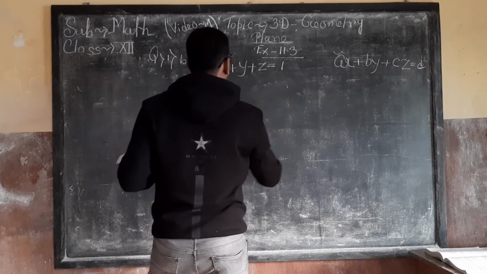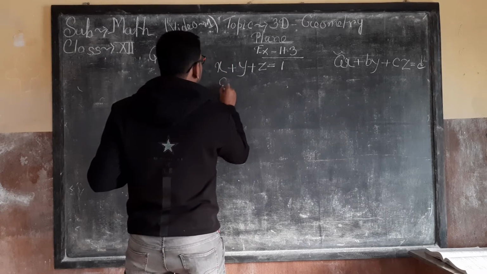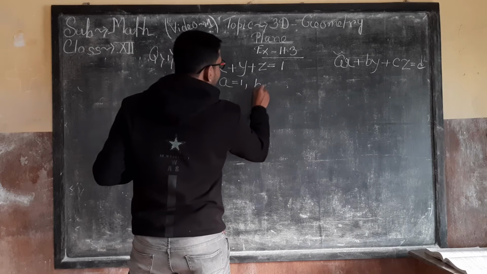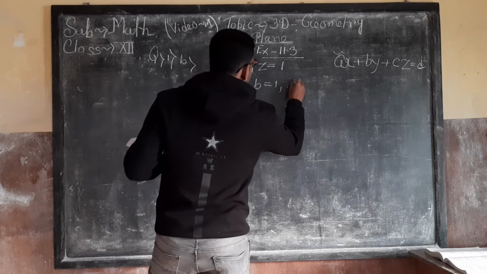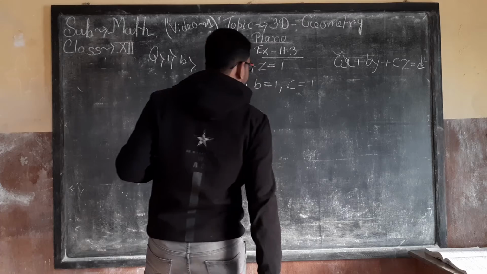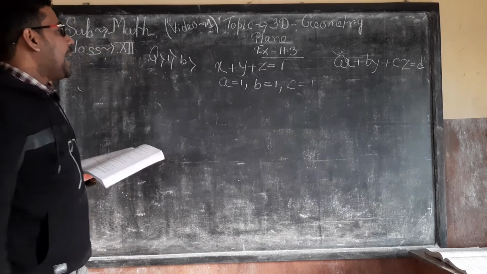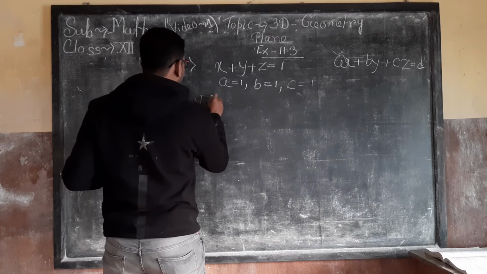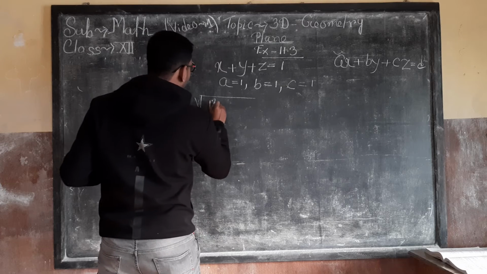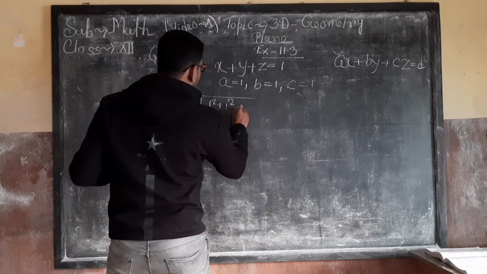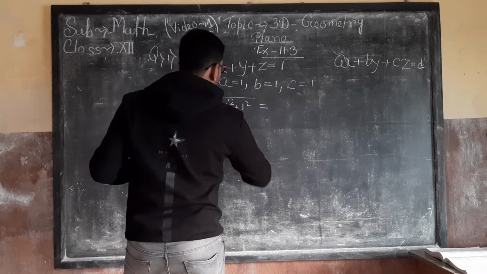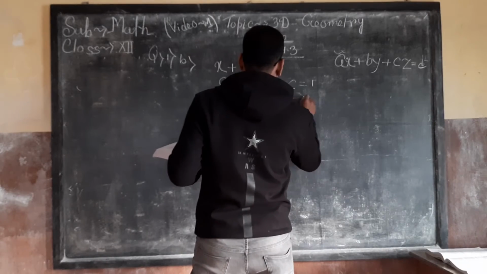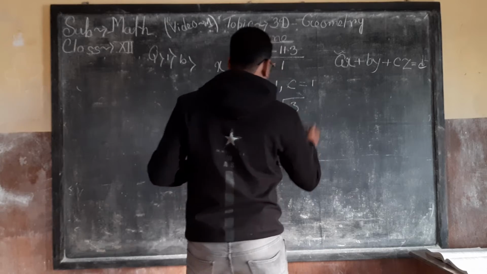And if you compare, this time a is 1, b is 1, and c is also 1, and from this we calculate the square root of 1 square plus 1 square plus 1 square. That means we get root 3.